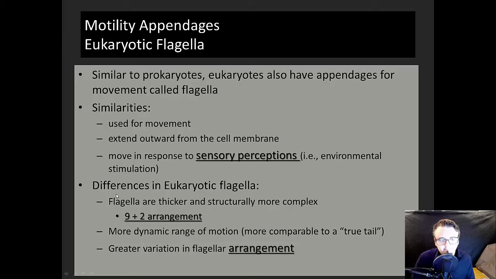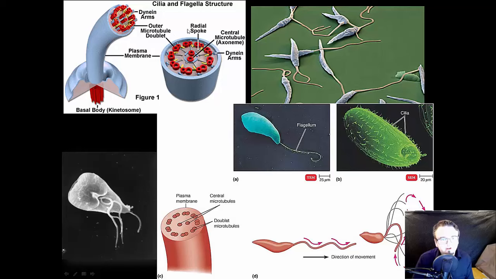Now, the one thing I do want to point out here is that there are a few differences. The name and the function are pretty consistent between the prokaryote and the eukaryote. Where there are differences is in the actual arrangement and the structure of the flagella. It's said to have what's called a 9+2 arrangement. And what that means, here's a figure.